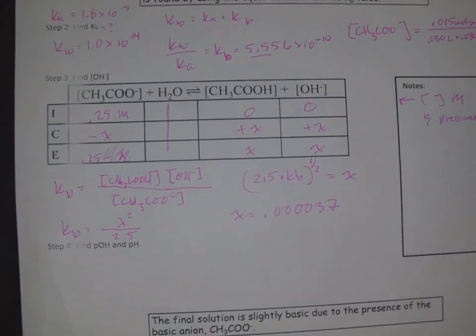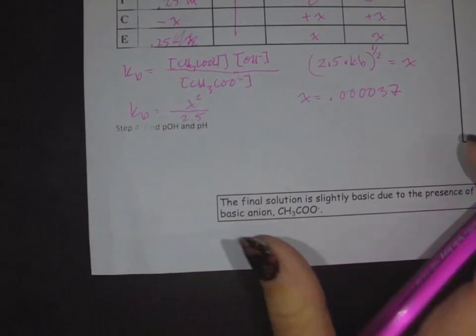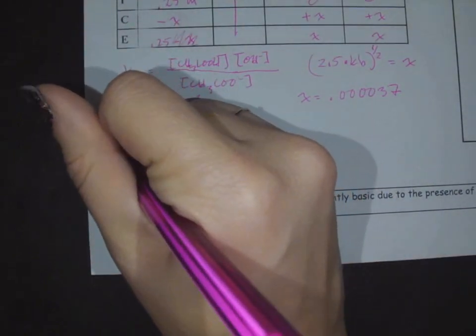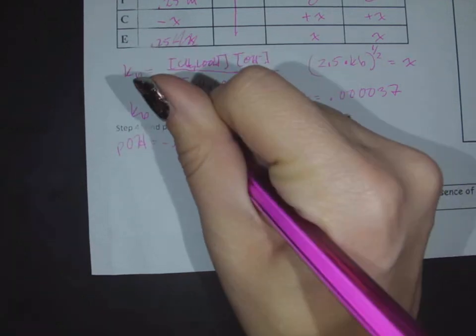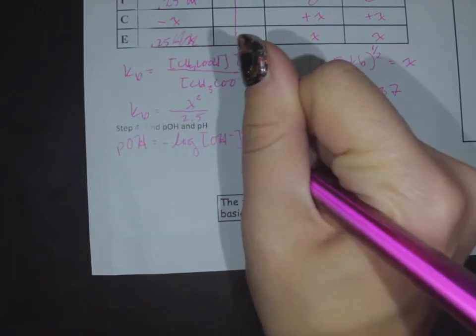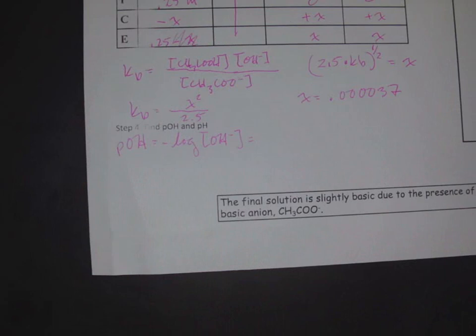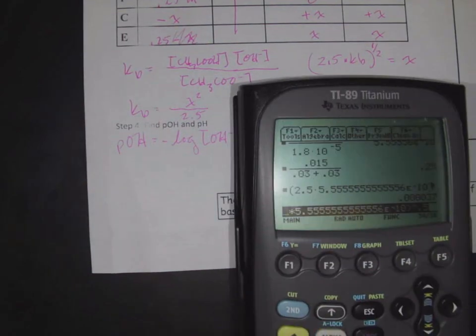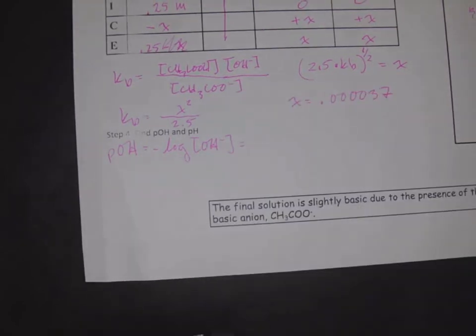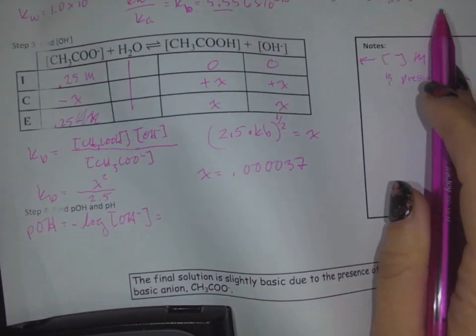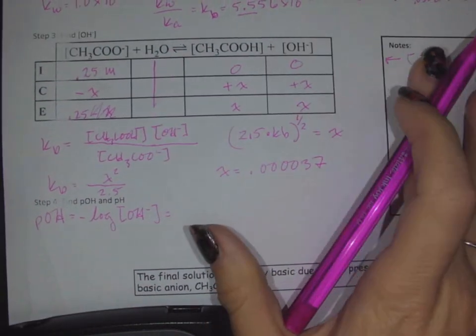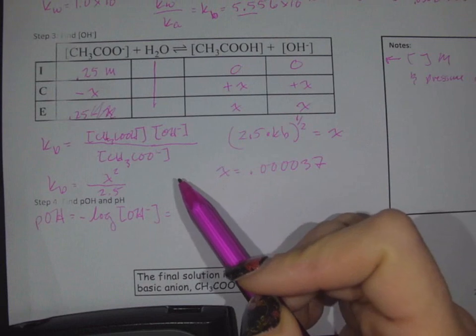So I can figure out pOH really simply because pOH is equal to the negative log of the concentration of hydroxide. So I'm just going to do negative log of that number. Okay, now, we've been kind of tracking our sig figs throughout here, and we lost track a little bit.